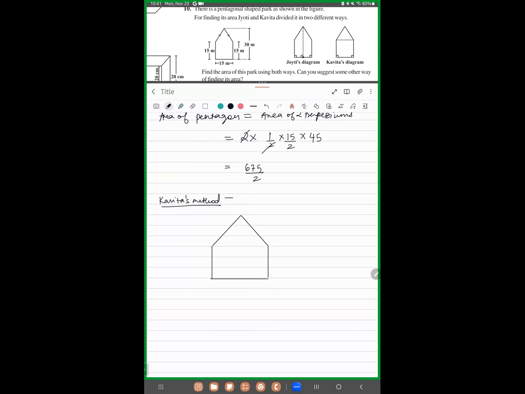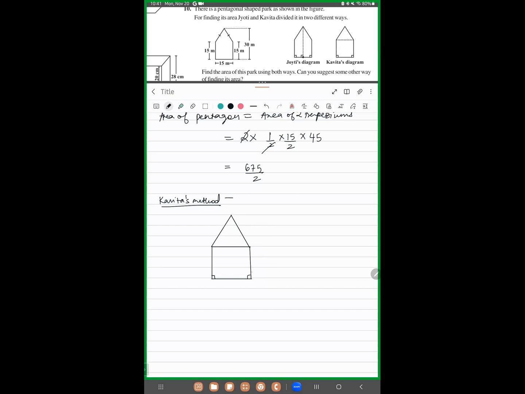Okay. She divided it like this. So this is a square. Oh, it doesn't look like a square. Wait a minute. Now it looks like a square.